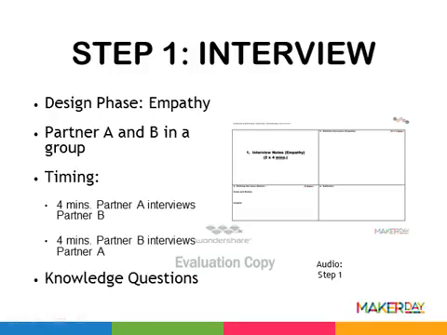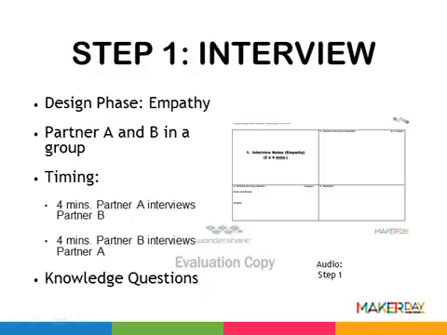When you start the first step, it is actually a partnered activity. So what you want to do is you want the groups to decide who's going to partner, and then in that partnership, who's going to be partner A and who's going to be partner B. This makes it much easier as you're going through the explanations, because you can say partner A will do this, partner B will do that.